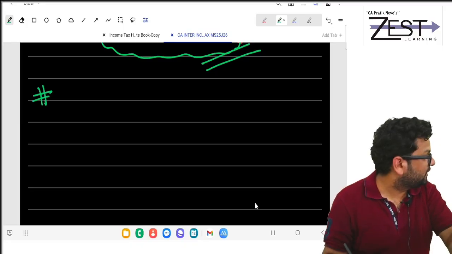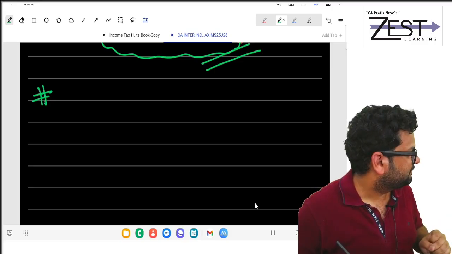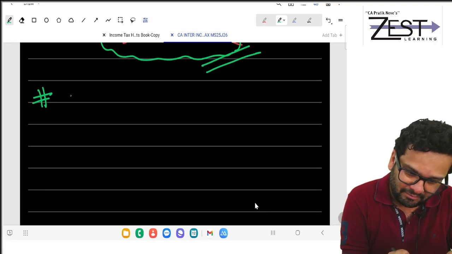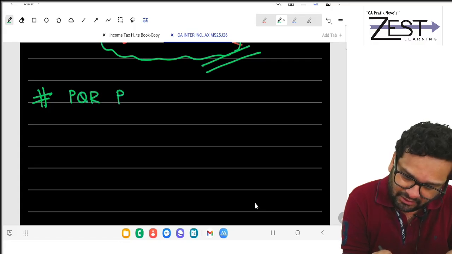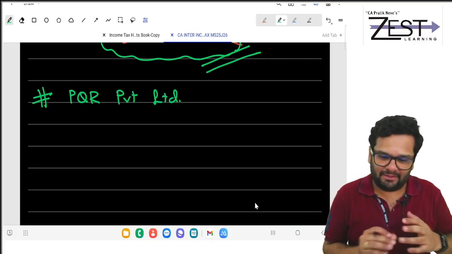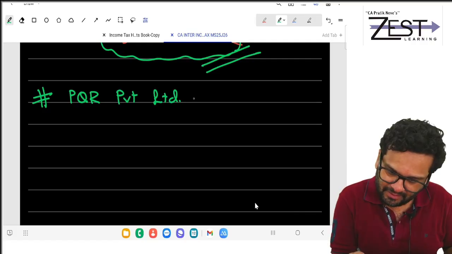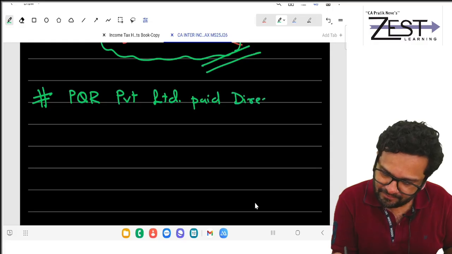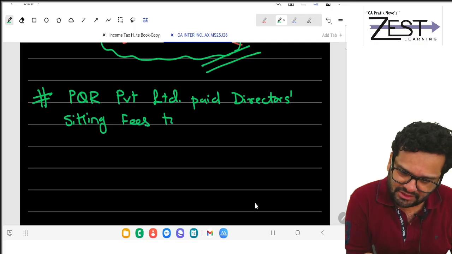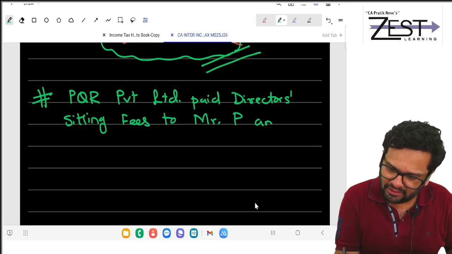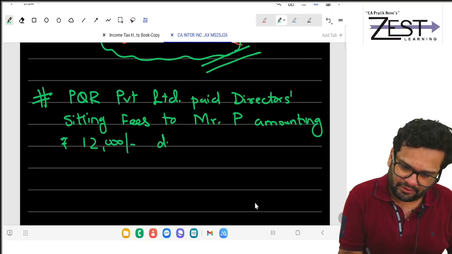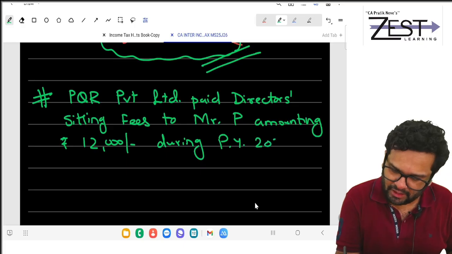Write: PQR Private Limited paid directors' sitting fees to Mr. P amounting to rupees 12,000 during PY 24-25.